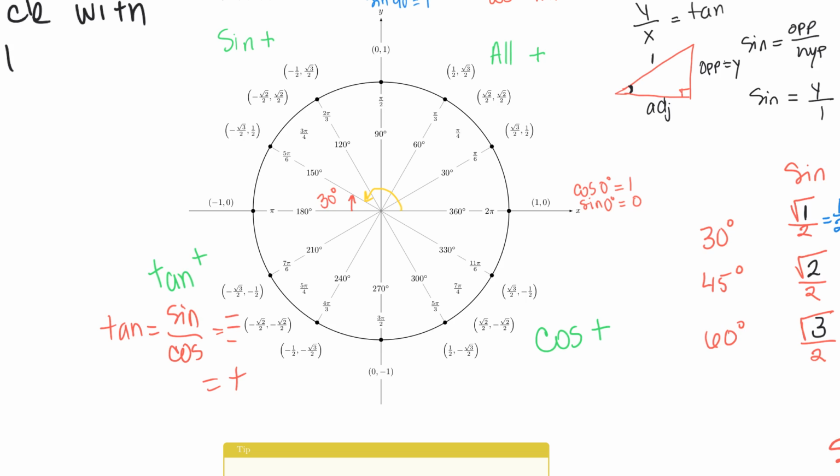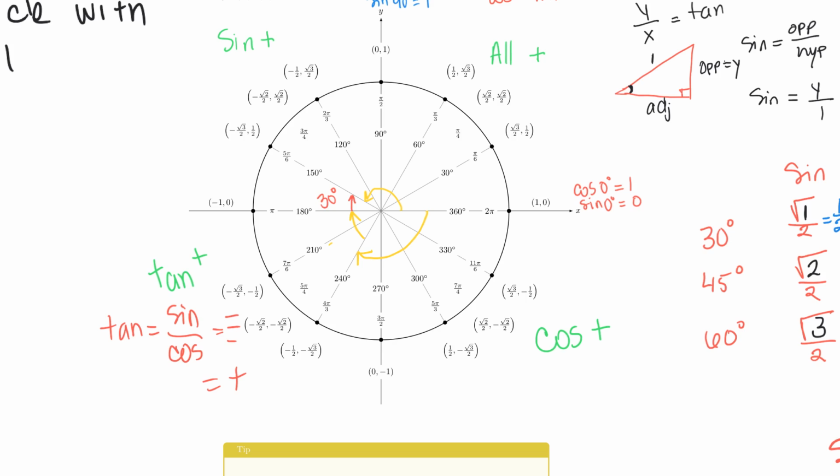Okay, so the second thing to do is to get the reference angle. Remember that the reference angle is always the angle with respect to the x-axis. Okay, so for us in this case it will be this angle right here, because this one is smaller than the angle right over here.